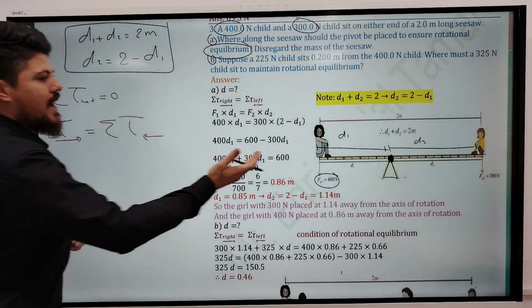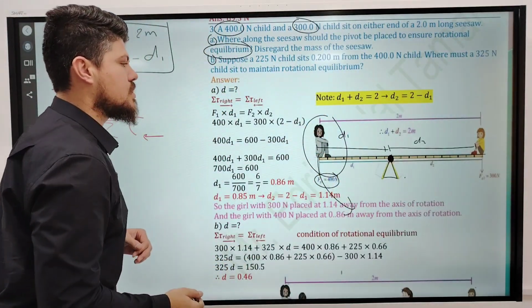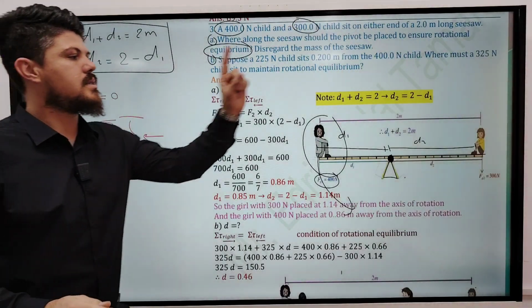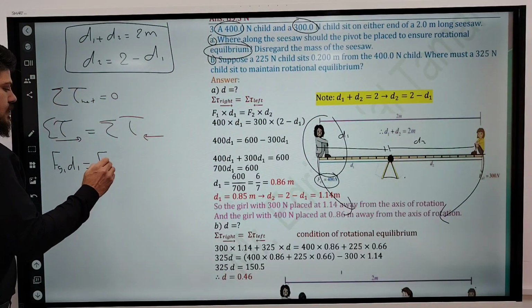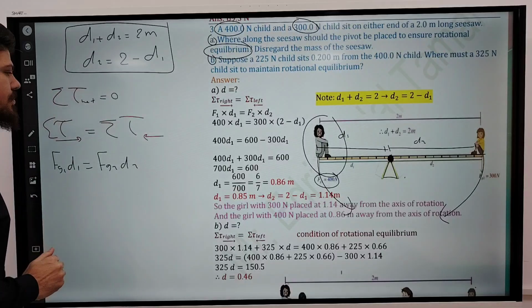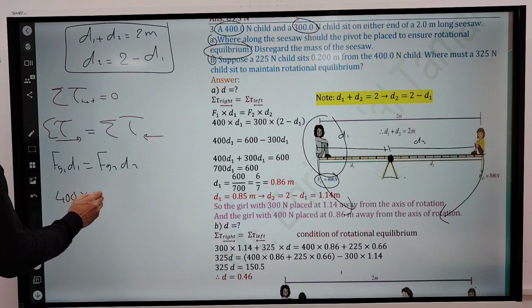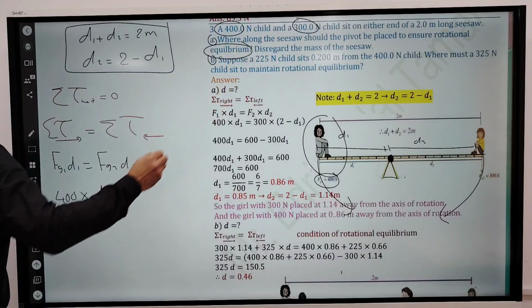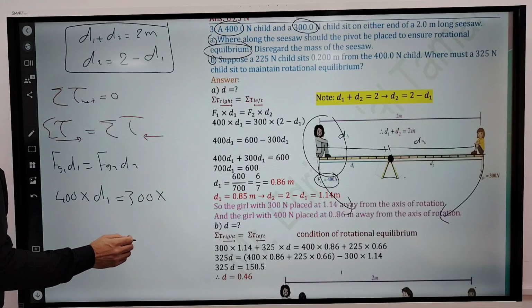Now how many torques do we have on this side? We have only this torque. This gravitational force produces torque, which is equal to Fg1 d1. On the other side, this child also produces torque, equal to Fg2 d2. Now replace. Fg1 was given as 400 Newton times d1, which is unknown, is equal to Fg2, the gravitational force of the second child, 300 Newton times d2.